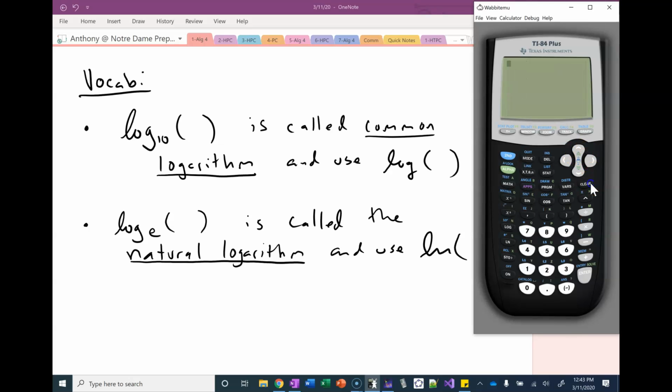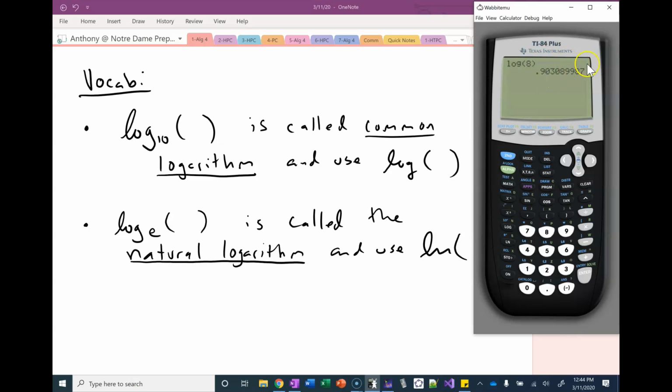So let's do log of 8. So you notice on your calculator on the left-hand side, about halfway down, there's a button that says log on it. That's going to give us the common logarithm. So if I do log of 8, I get this decimal as my answer.